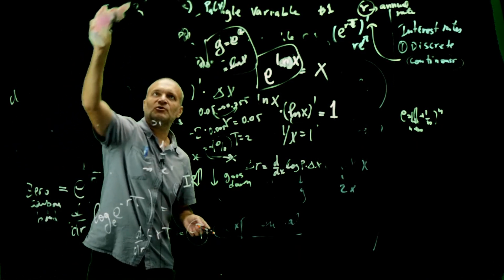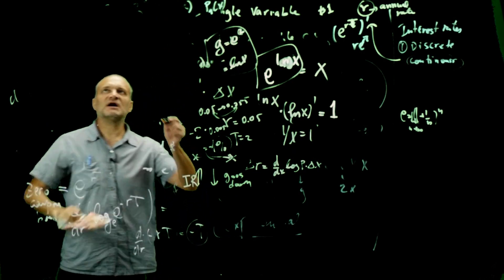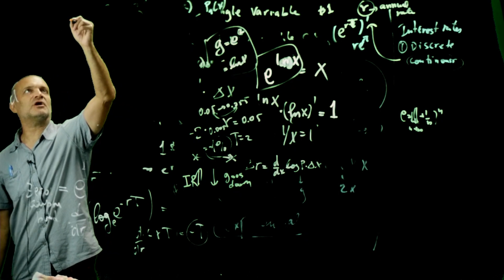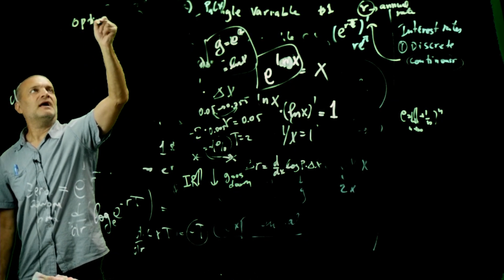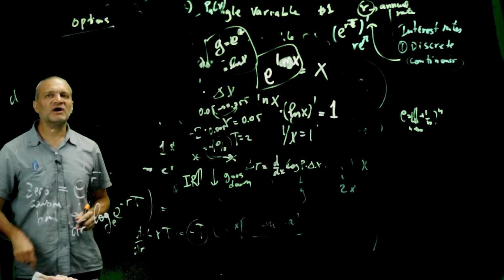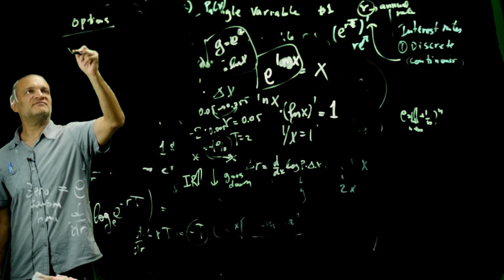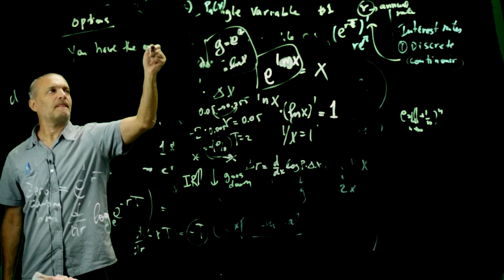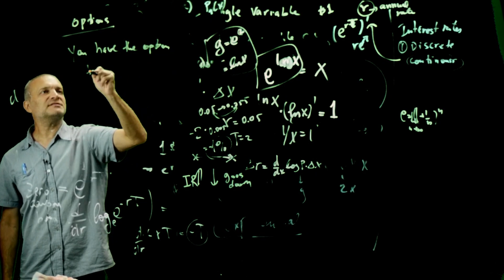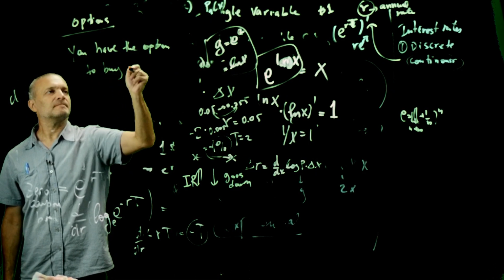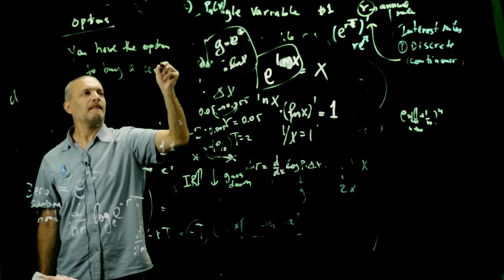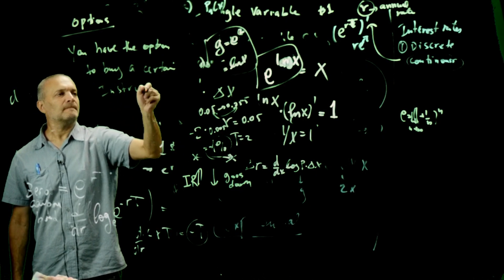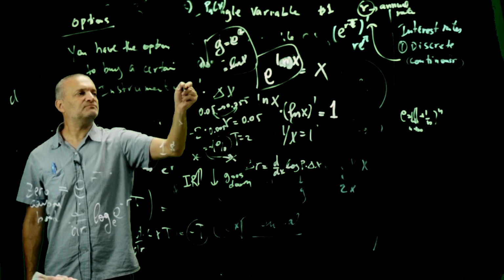So what is the Black-Scholes formula? There are instruments which are called options, and it is something like this. You have the option, okay? You have the option to buy a certain instrument with a prescribed price.